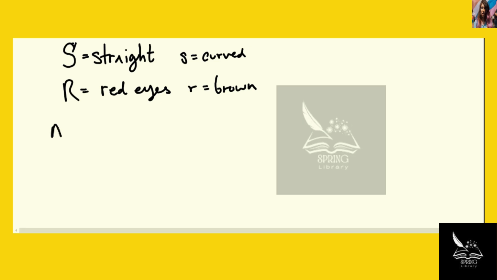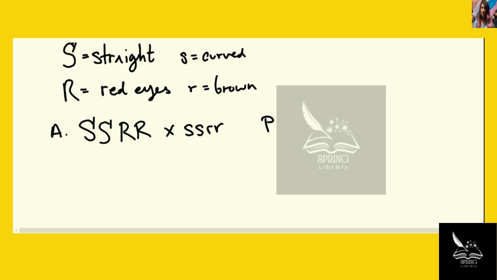Okay, so part A just wants us to very simply use these letters to represent the parental genotypes. So in the first cross, we're doing two true breeding. It tells us that in the first sentence. True breeding means homozygous for either the dominant trait or homozygous for the recessive trait.